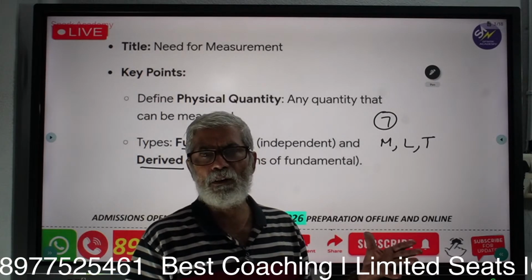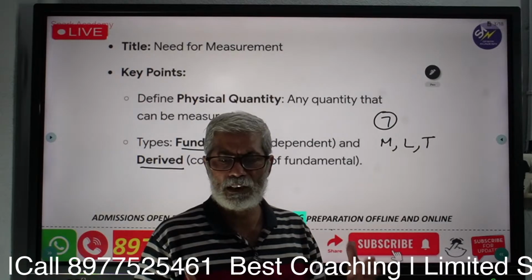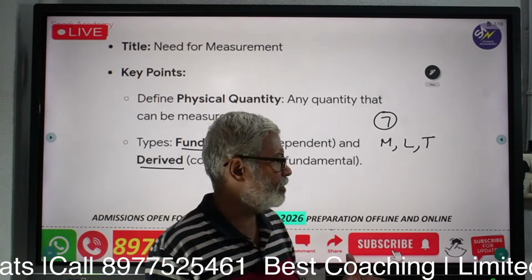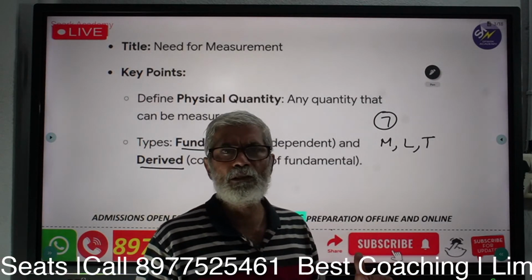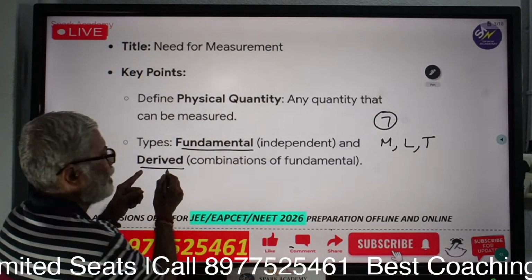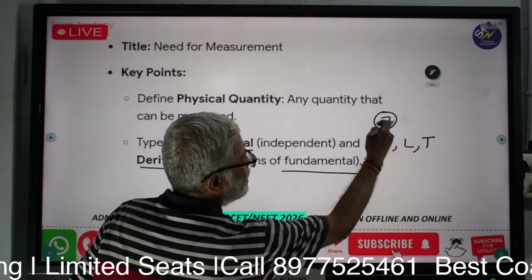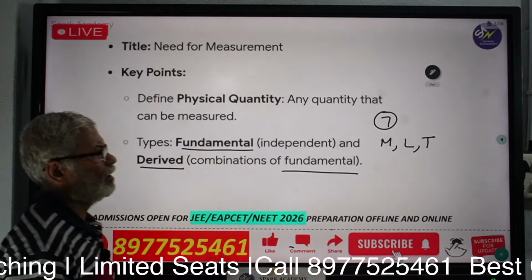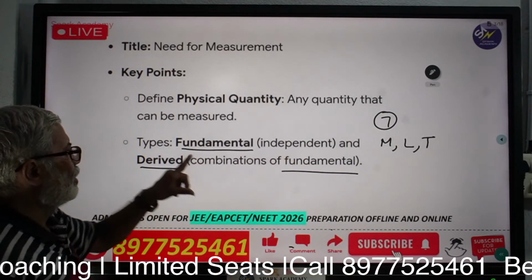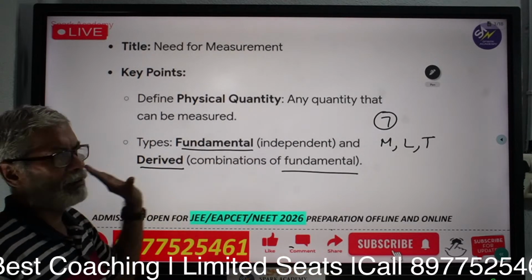You study that from Newton's second law, which says that rate of change of momentum is equal to force, no? So that is all a derived quantity. These derived quantities depend upon the fundamental independent quantities.